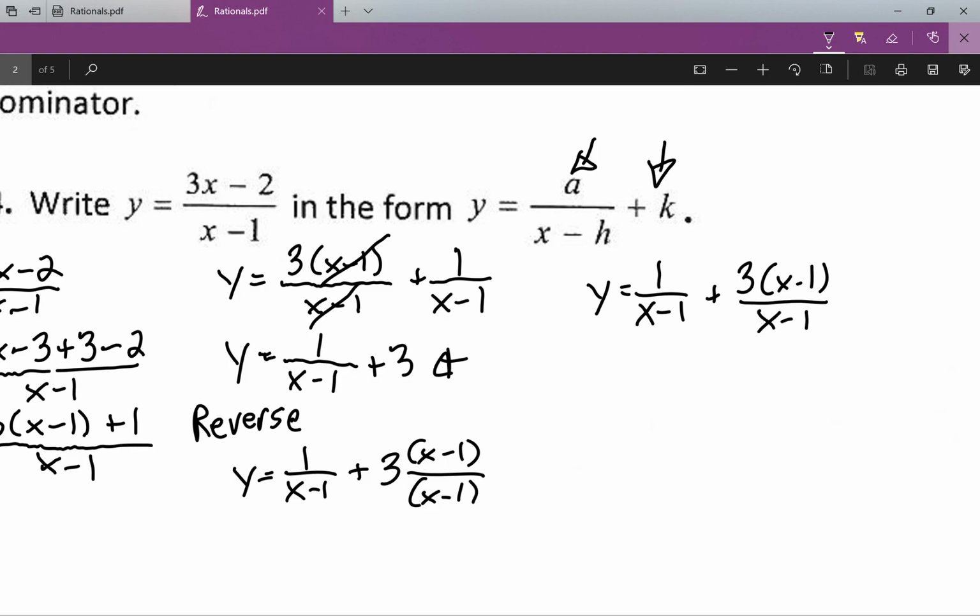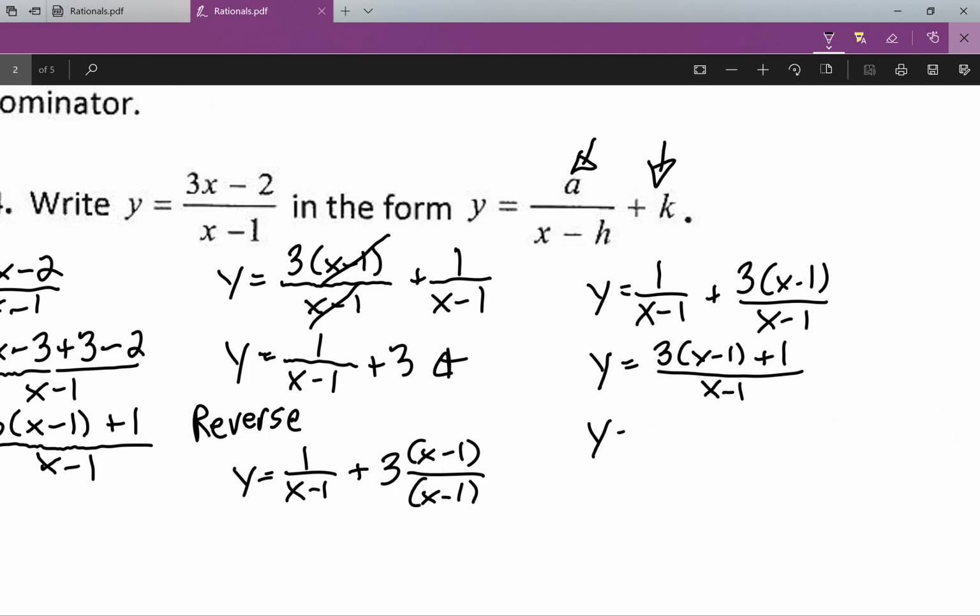Now that I have the common denominator, I can simply put the tops together, and we get y equals 3x minus 1 plus 1 all over x minus 1.